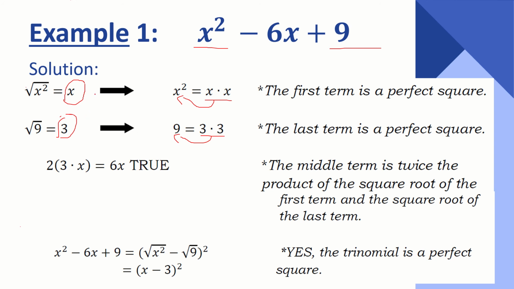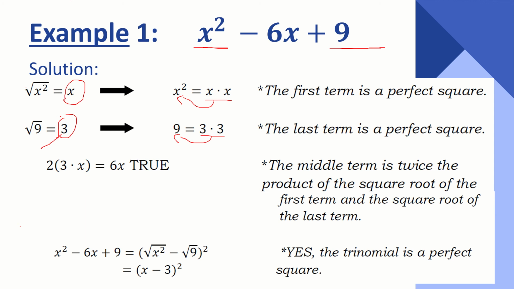Now, after getting the square root of our first term and last term, how are we going to know na perfect square siya? Ang atong middle term is twice the product of the square root of the first term and the square root of our last term. Diba? Ang middle term nato daw is twice the product sa square root sa atong first term.